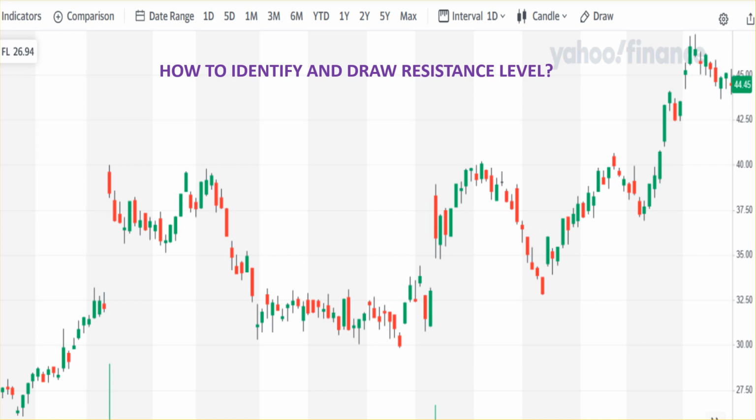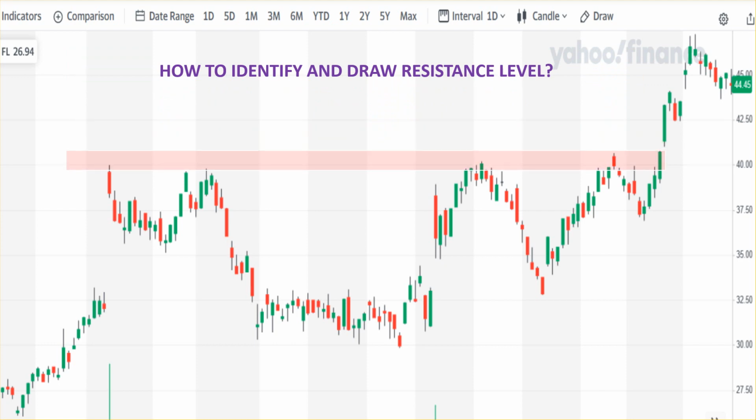Our focus is on significant swing highs, which are points where the price has previously reversed and initiated a downtrend. To draw resistance levels, we connect these significant swing highs using horizontal lines.